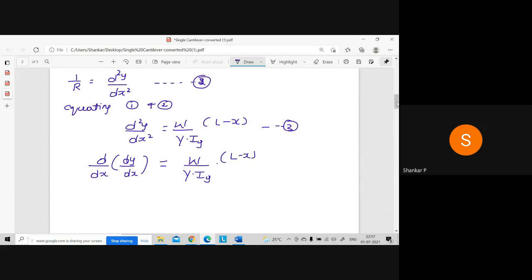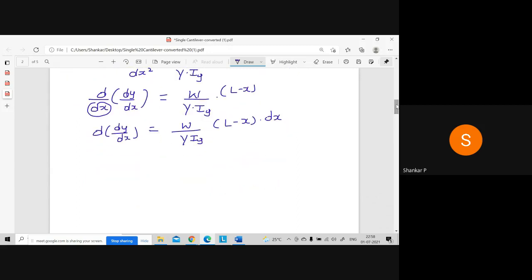By taking the term dx to the right hand side, this can be written as d of dy by dx is equal to W by Y Ig into L minus x dx.